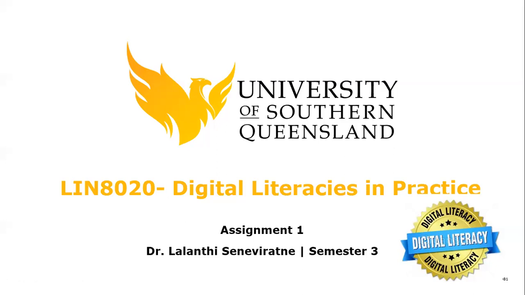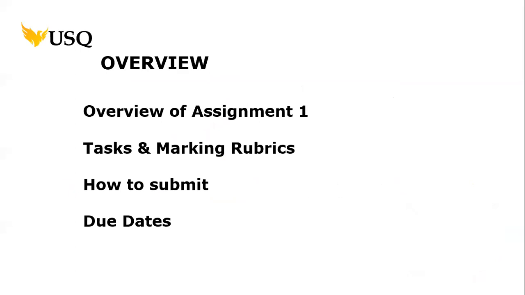Today I'm going to take you through some information on assignment 1, as you may have had some issues with it. Alright, to begin with, we'll look at the outline of it. We will be talking about an overview of assignment 1.